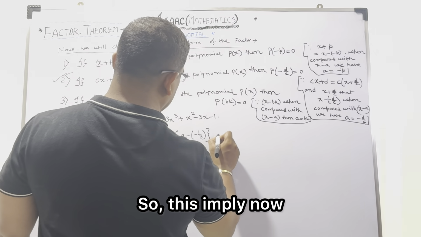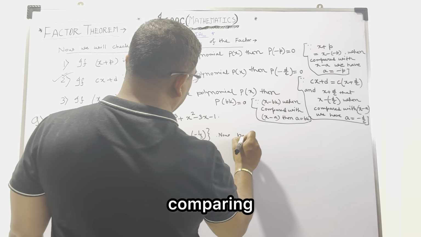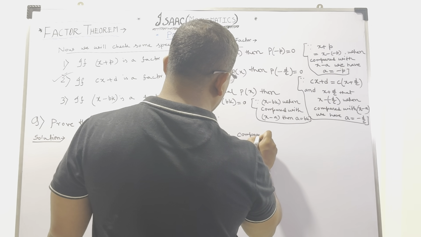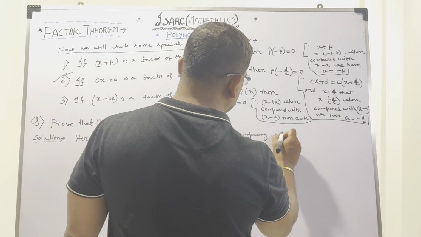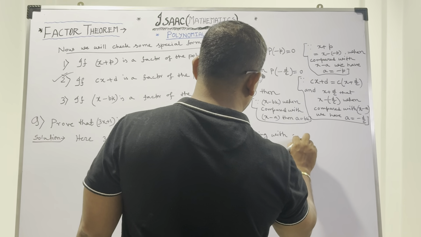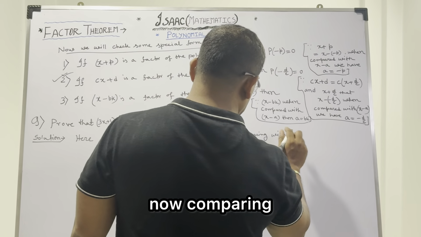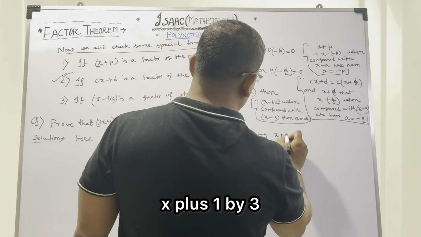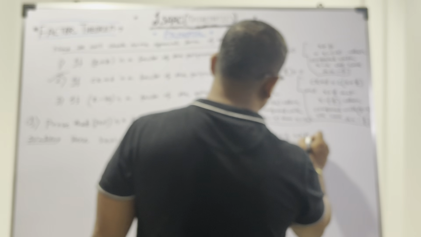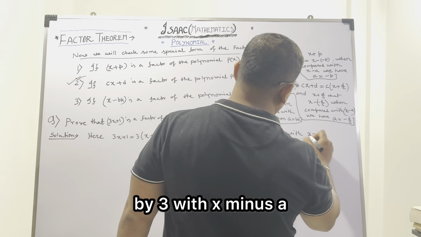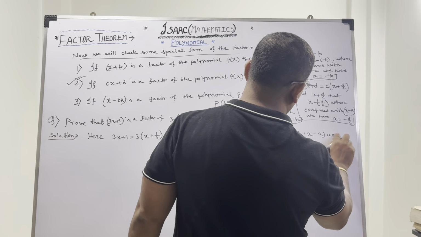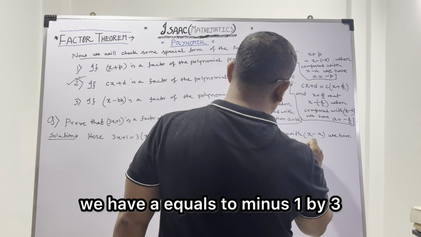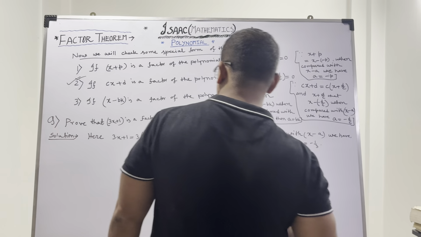Now comparing x plus 1 by 3 with x minus a, we have a equals minus 1 by 3. Okay.